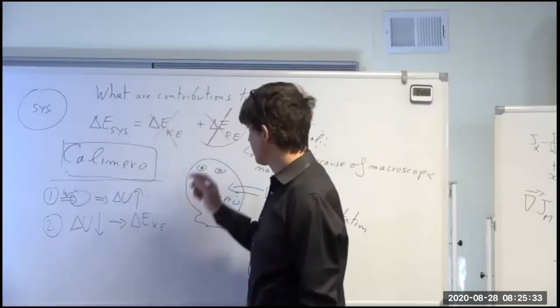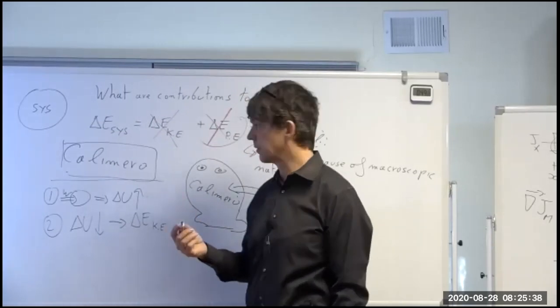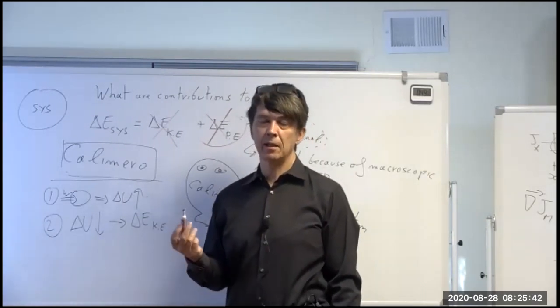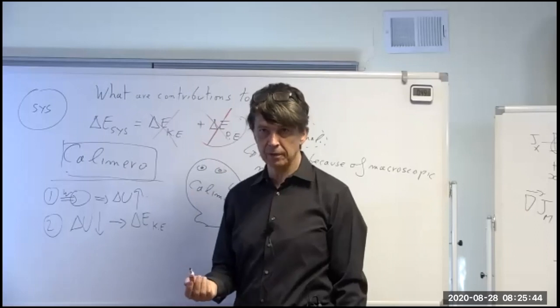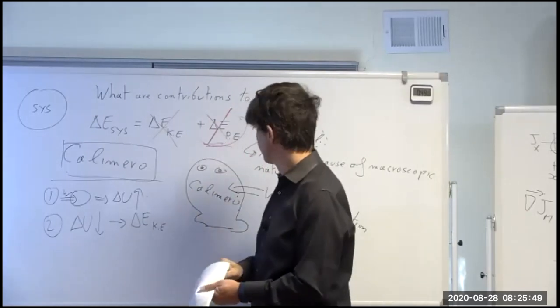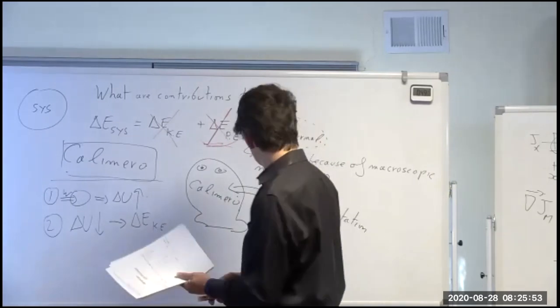But again, sometimes this comes back, right? So sometimes we will move something in a gravitational field, or we will move a charge in an electrostatic field, and in those cases, this will become important, right? Okay.